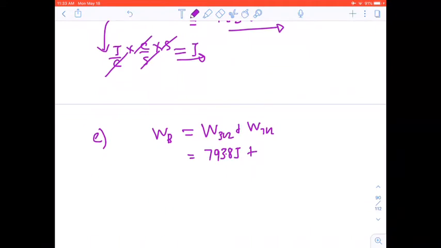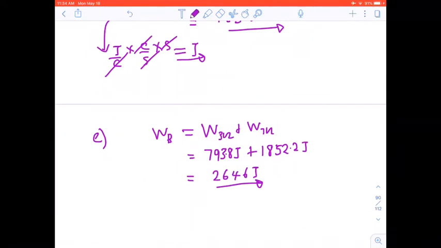plus 1852.2 joules, and if we add that up, that gives us 2646 joules of work that was done on these two components or elements.